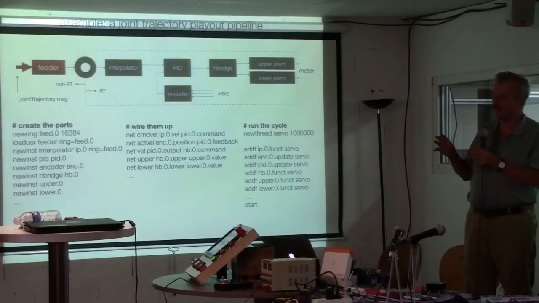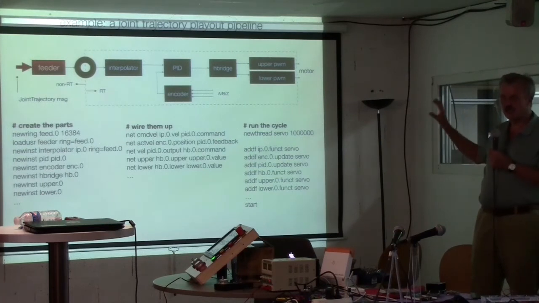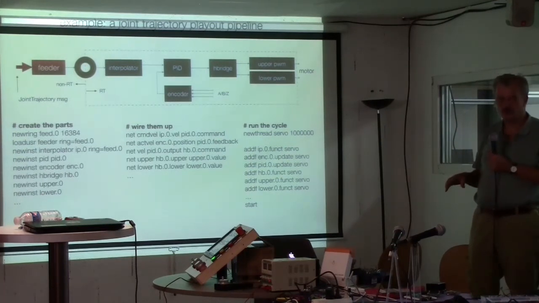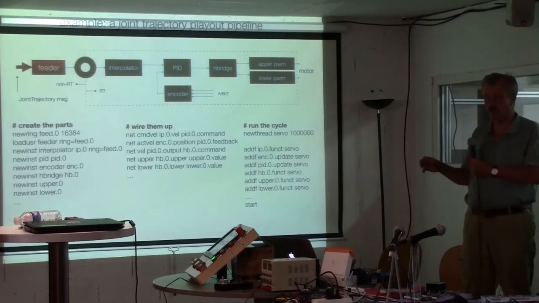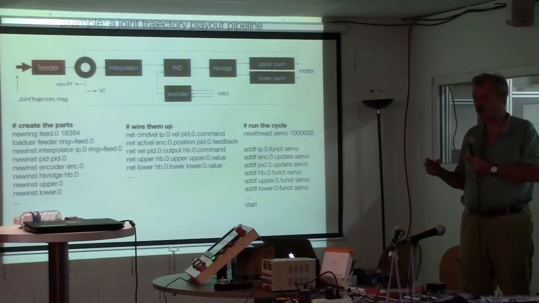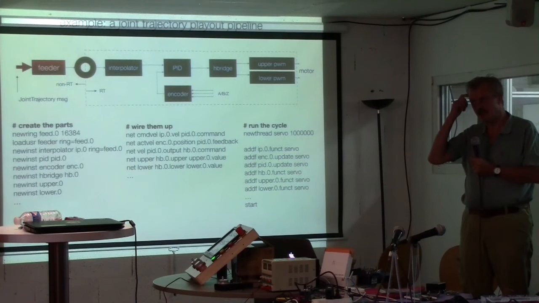Then there are more specialized components which do trajectory planning and so forth. So most of the job can be achieved by reusing stock components. If you don't, there's a C and a Python API to create your own components for a special purpose. It is relatively rare that you actually have to do that.